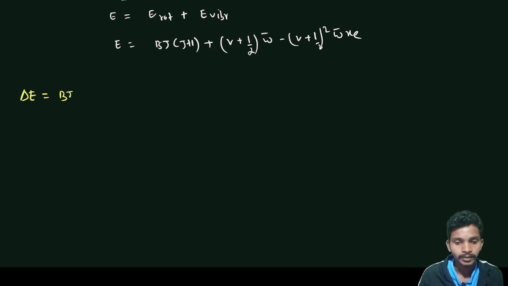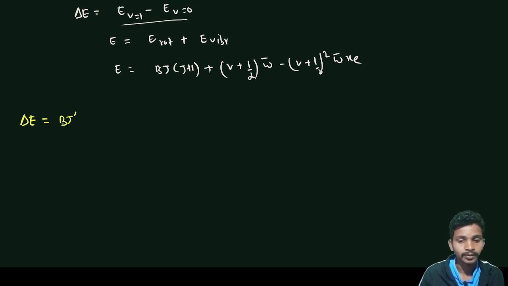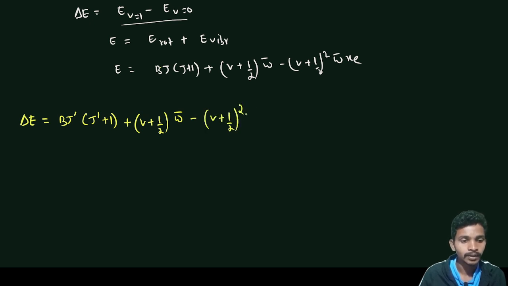So B J dash (J dash plus 1) is for rotational, and for vibrational I can write (v plus half) omega naught minus (v plus half) square omega naught xe. This is for v equal to 1.